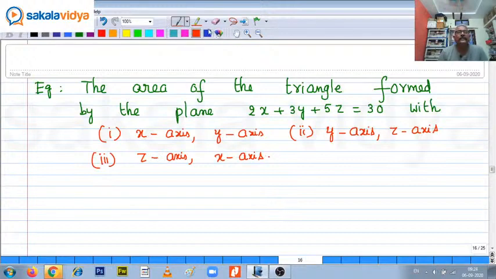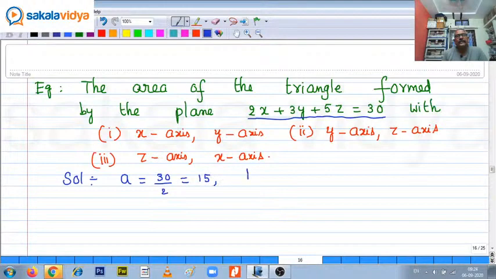So first, regarding this question, let us find the x-intercept, y-intercept and z-intercept of this plane. The solution you need to follow like this. First let us find A, that is 30 upon 2, directly I will write 15. This is y-intercept B, that is 30 upon 3 is 10.